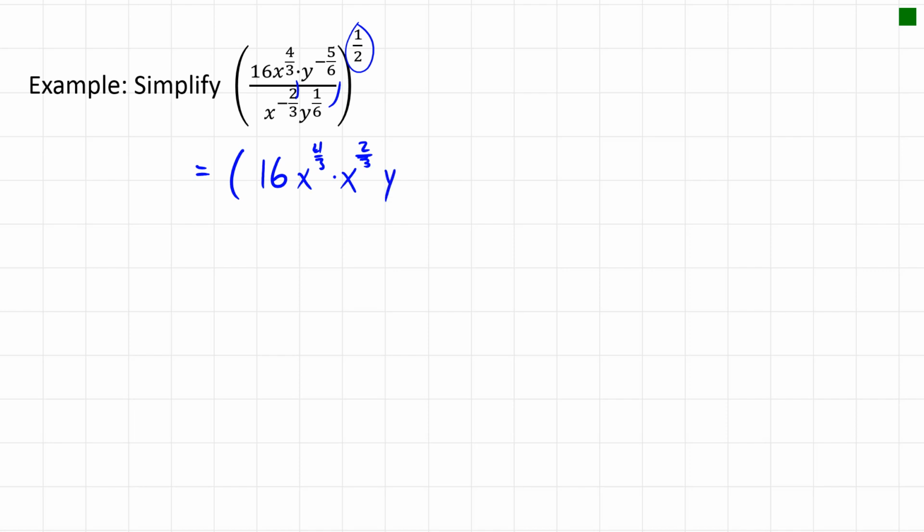And I'm going to leave the y exponent up in the top and bring up the other one, which would be y to the power of negative 1/6, all to the power of a half. And the reason I do that is just so that I can combine my powers really easily. So now I have 16 x to the 4/3 and x to the 2/3.